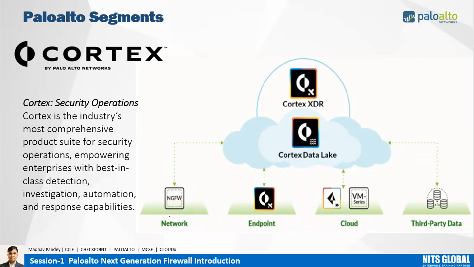Your next generation firewalls, that means all your Strata firewalls' logs, events, and threats, everything will go here in the cloud. Your endpoint devices like your VPN users and VPN clients, everything is going here. Your cloud-based solutions, whatever cloud-based servers there are, those logs will also go here. Whatever third-party data, third-party applications, remote access will come here.